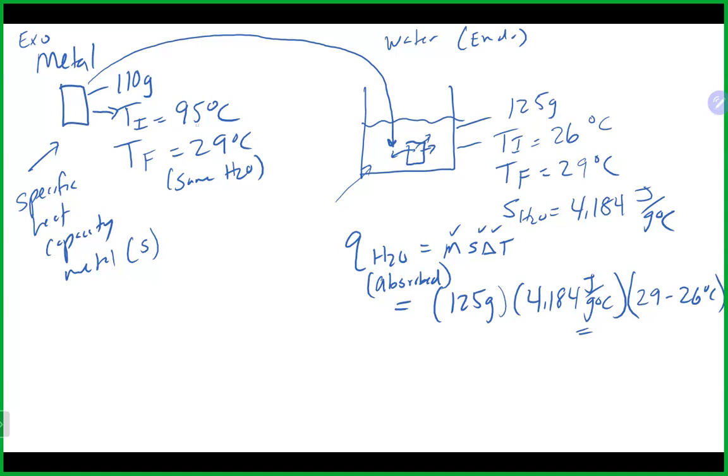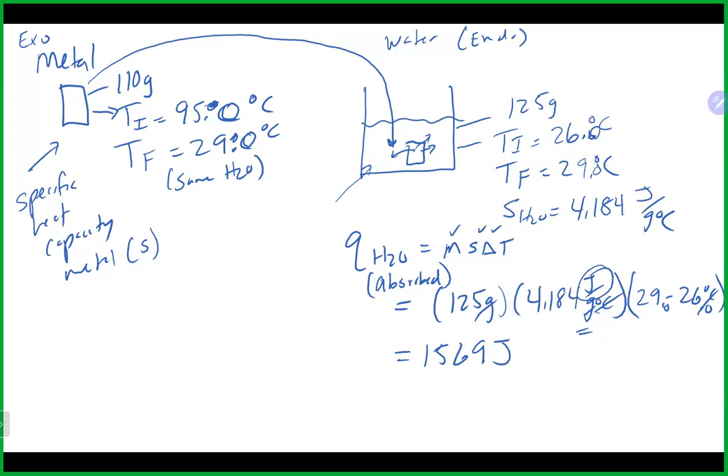And I'm just going to add some decimals to my temperature readings, just to not cheat my significant figures too much here. So it's going to be 29.0 and 26.0. All right, and that's going to give me 1,569 joules of energy. The grams will cancel, the degrees Celsius will cancel, and we'll have joules left over.